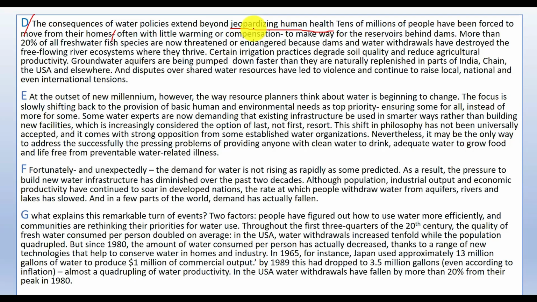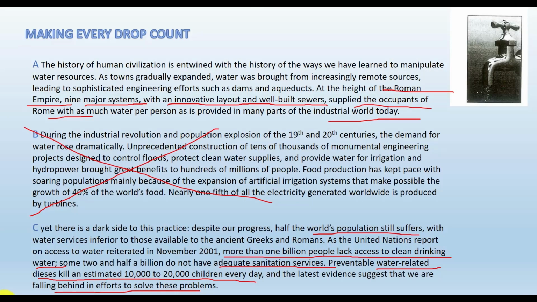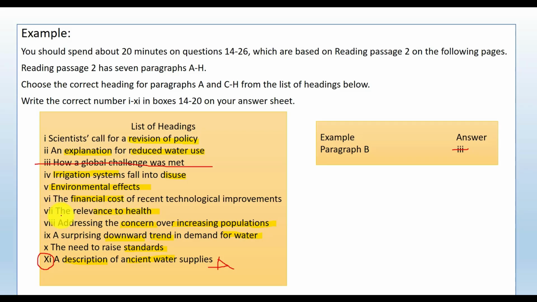Jeopardize means to endanger, to put at risk. Okay? Jeopardizing human health. And this paragraph refers to the second paragraph, and it tells us that the second paragraph is related to human health. Okay, then I can choose the answer, the relevance to health, for the second paragraph, paragraph C.